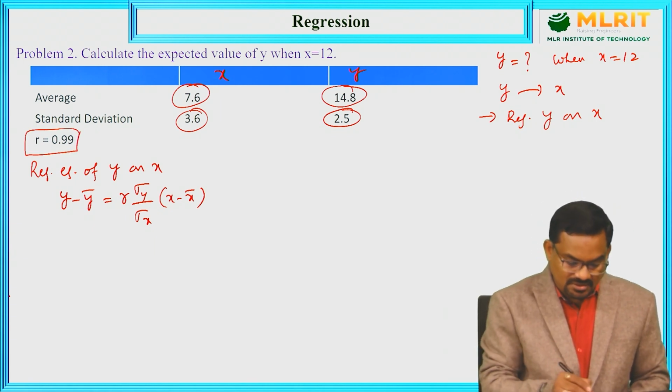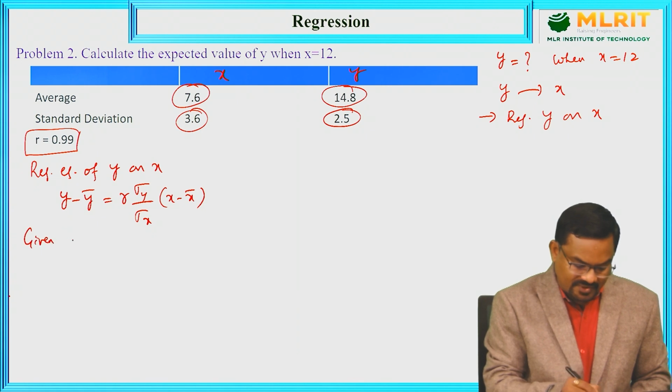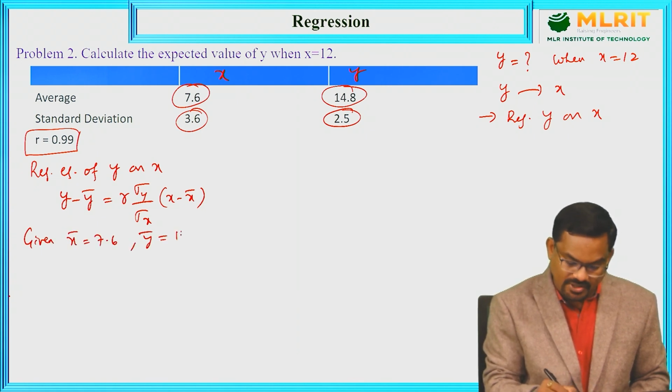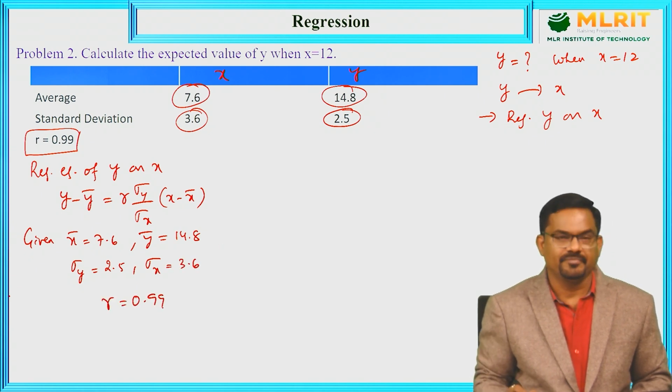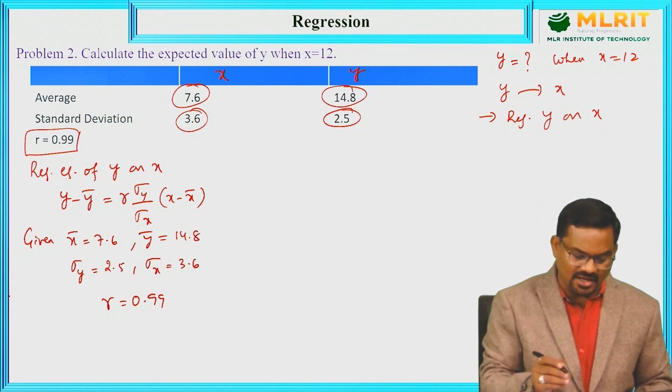Now, given X bar is 7.6, Y bar is 14.8, sigma Y is 2.5, sigma X is 3.6, and R is 0.99. So, let us substitute all these values here.